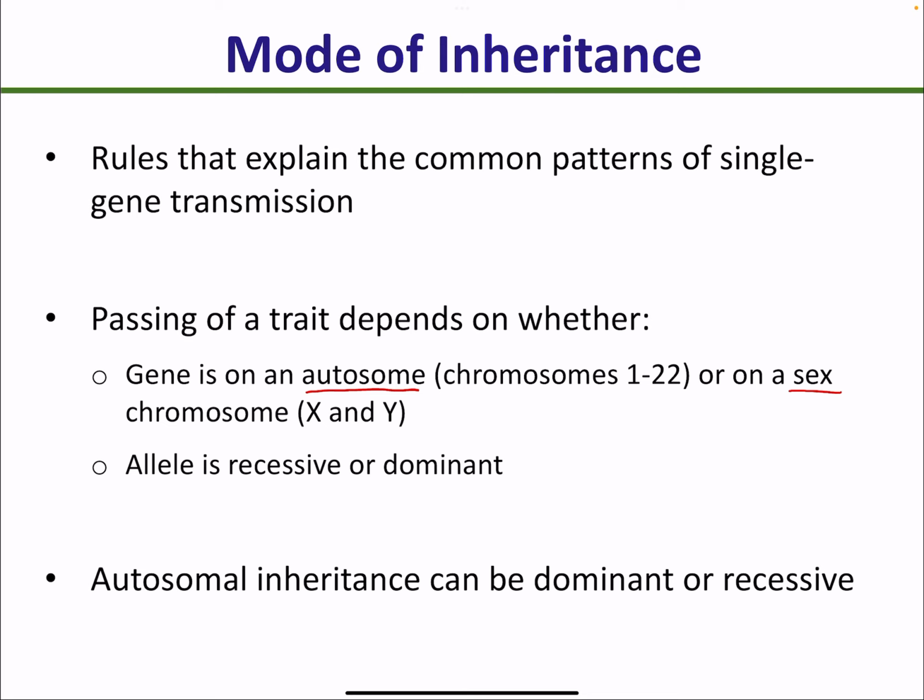Autosomes are chromosomes that are not involved in sex characteristics, while sex chromosomes are involved in sex characteristics. We know that in humans, we have 22 pairs of autosomes, while we have one pair of sex chromosomes, right?